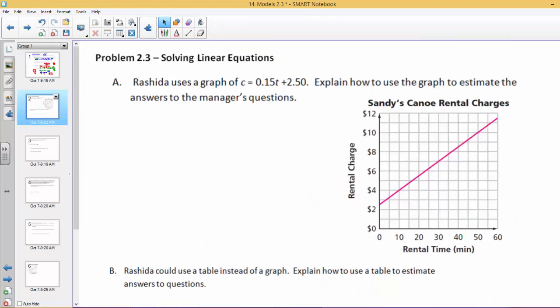All right. Rashida, or however you would like to say that name, uses this graph to explain the estimate to the manager's question. So this is the exact same thing we were just doing. She could use a table instead. Explain how a table could be used to answer these questions.